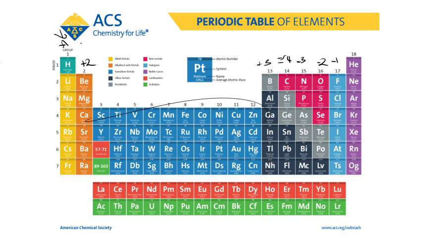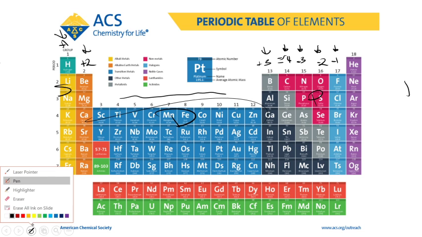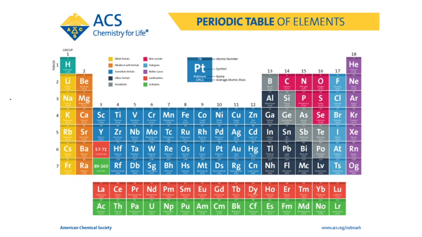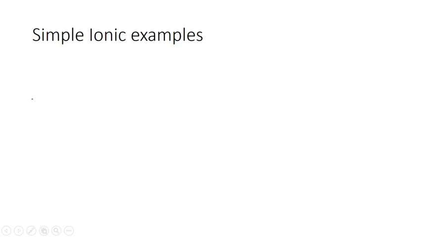So anything in the S or P block, that's going to be the charge. The D block here in the middle gets a little different, but we will go through that and figure out how to find their charges.